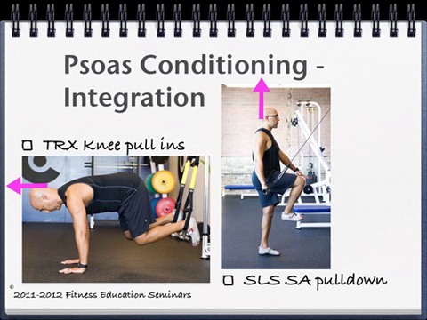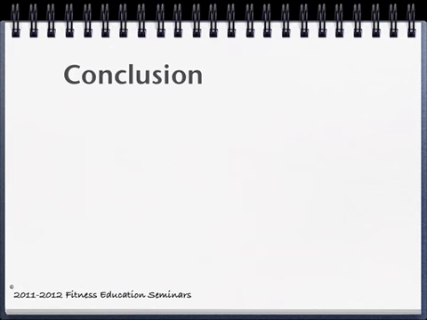But the goal again, maintain core activation, three-dimensional breathing, and stay long through the spine even as the hip comes into flexion. There should be no change in pelvis alignment and or positioning through any of these patterns.